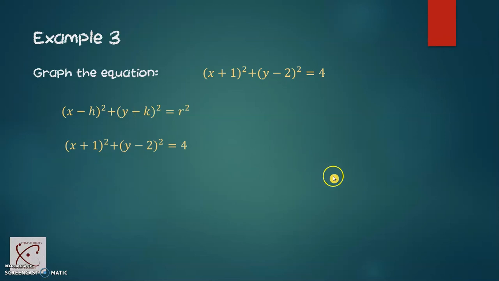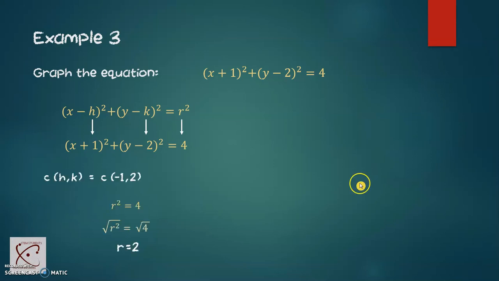So, from this equation, h is replaced by 1, k is replaced by 2, and r squared is equal to 4. And then, let's determine our center. So, our h is negative 1, and our k is positive 2. And then, r squared is equal to 4. So, we take the square root of both sides. Then, the square root of 4 is 2.